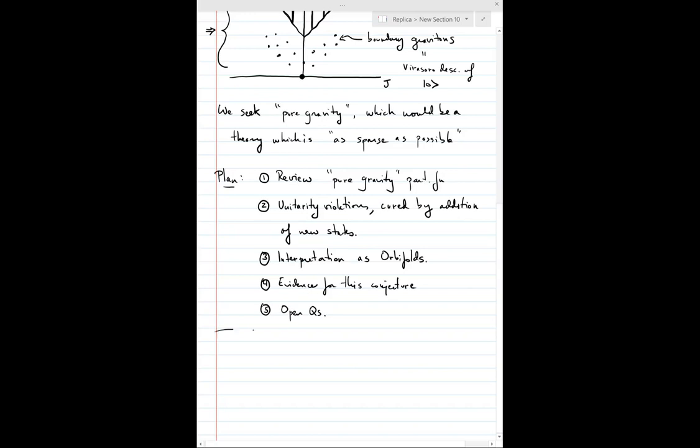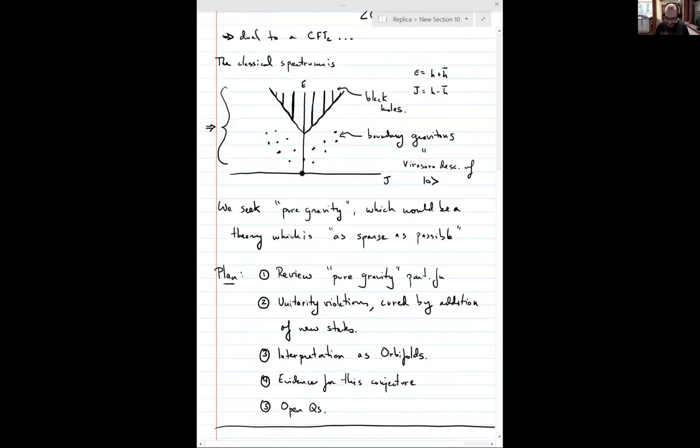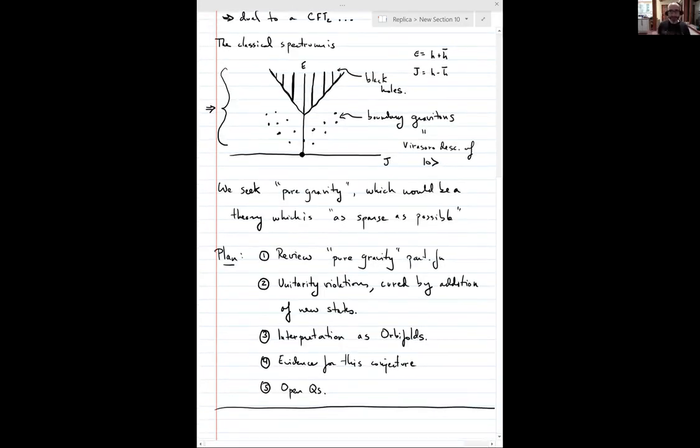Alex, I'm sure you will talk about it, but I'm just curious, how light is the lightest orbifold state? It has energy c over 16. So we'll get exactly to that. Yes, thank you. Good. So maybe just to answer that question a little bit more carefully, the energy of the lightest black hole state, if I use units where everything is dimensionless, is c over 12.